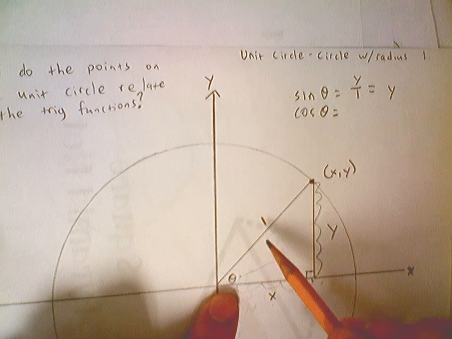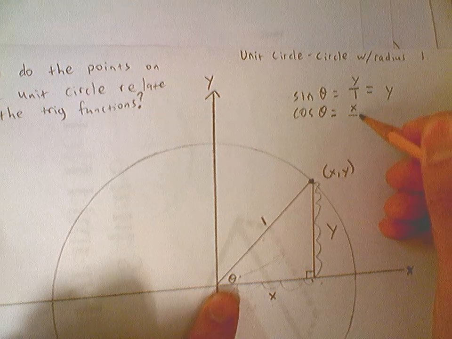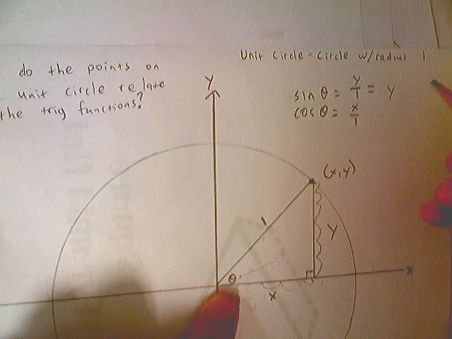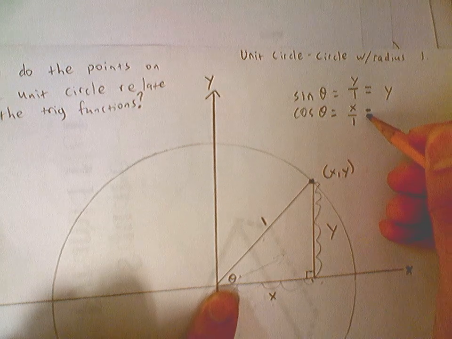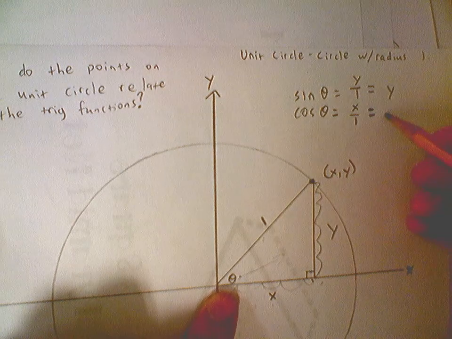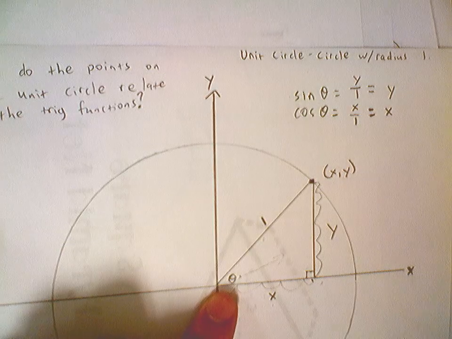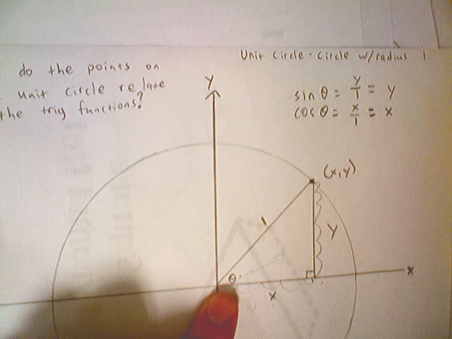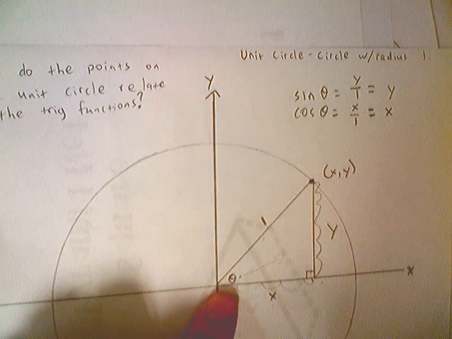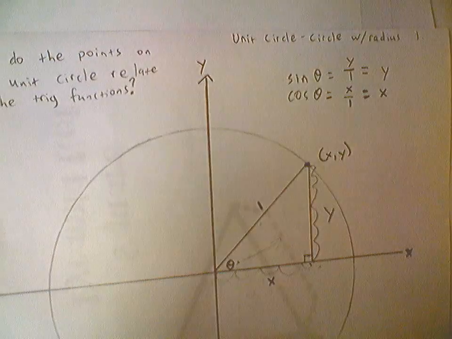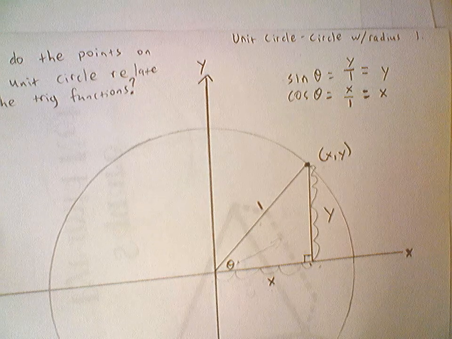So adjacent over hypotenuse, so x over 1. X over 1 is just x. So cosine of theta equals just x in this case. Well, in every case on the unit circle, to be exact. So sine of theta equals y, cosine of theta equals x.